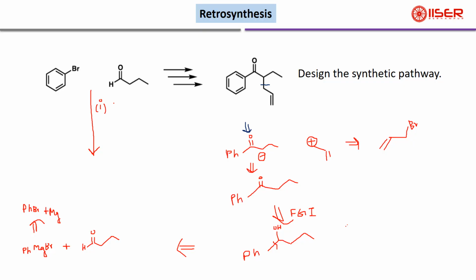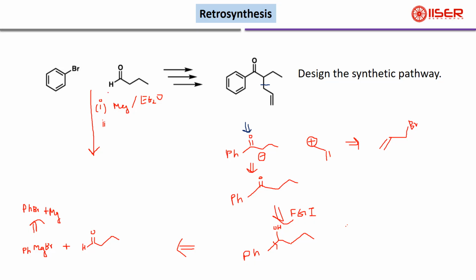So first we have to add magnesium, ether. Then in this way you can prepare the Grignard.